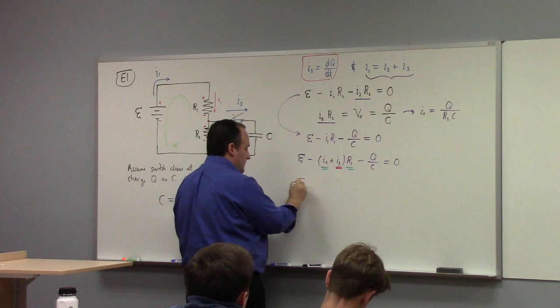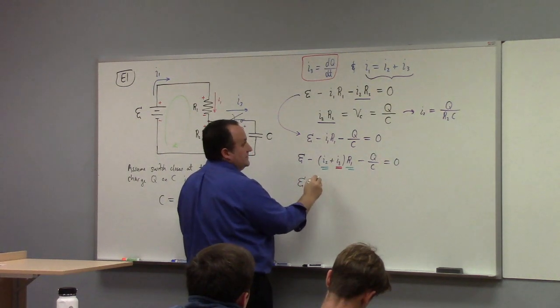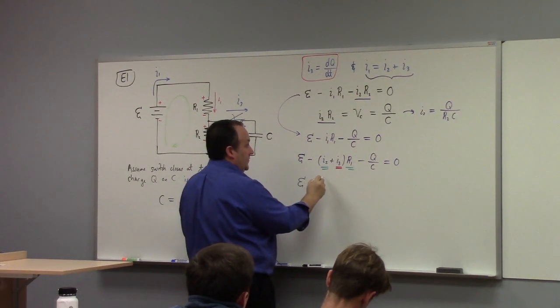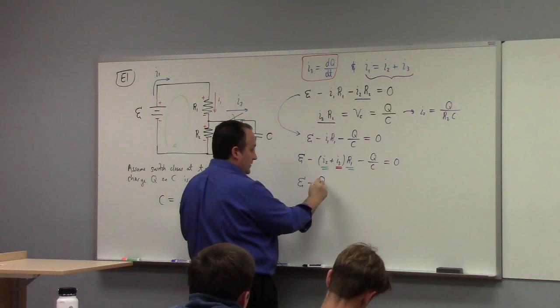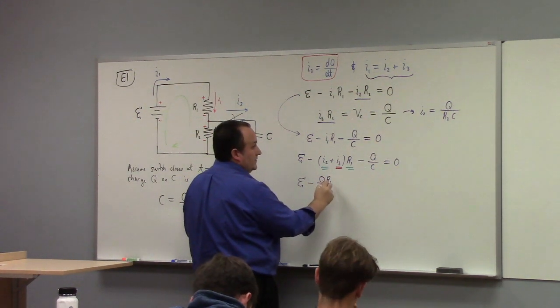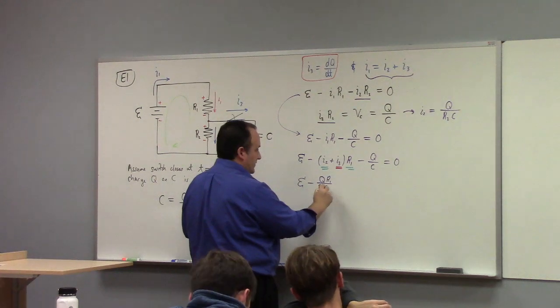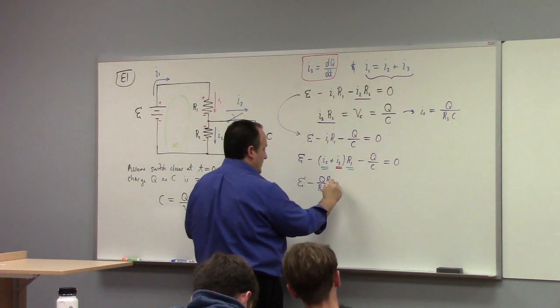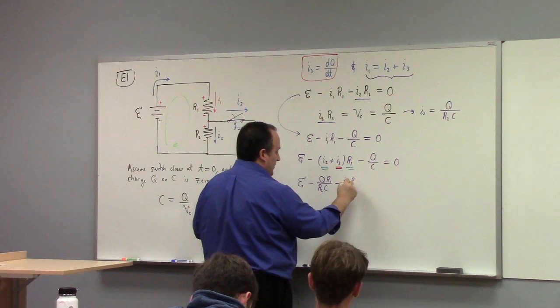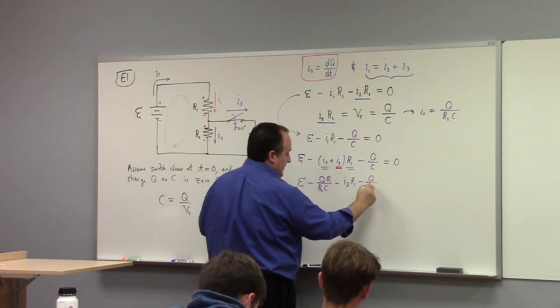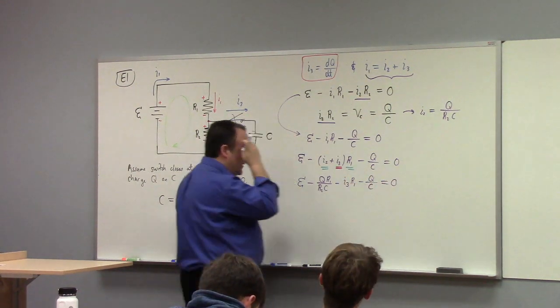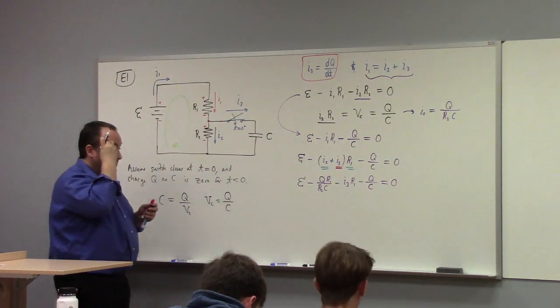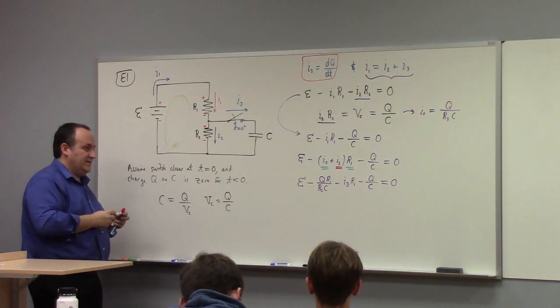I'm up against E minus, apparently, Q R1 over R2C minus I3 R1 minus Q over C equal to 0. Well, this is great because this is the kind of equation we can solve.